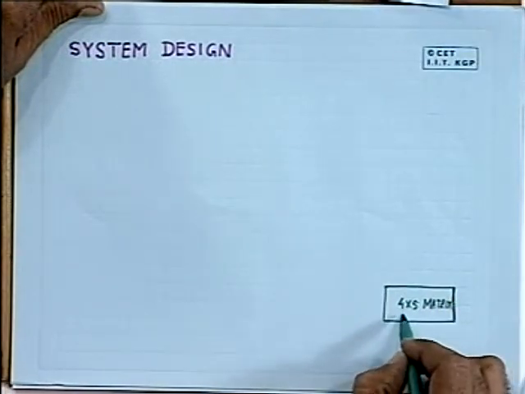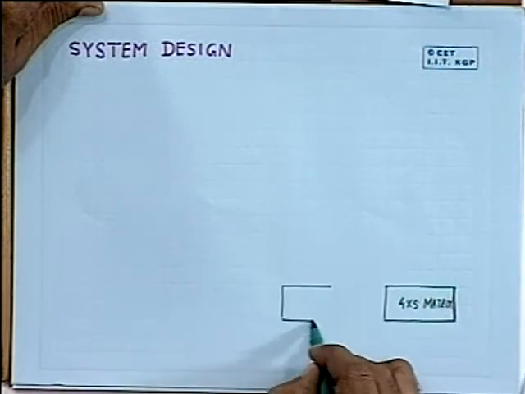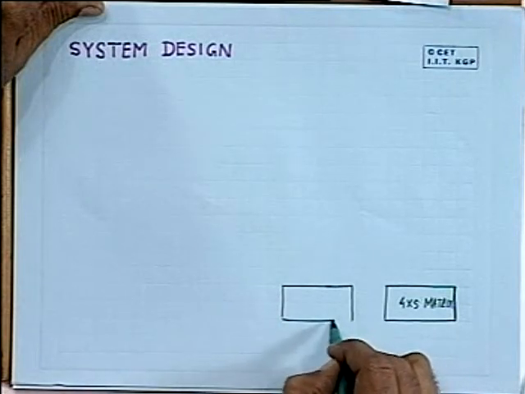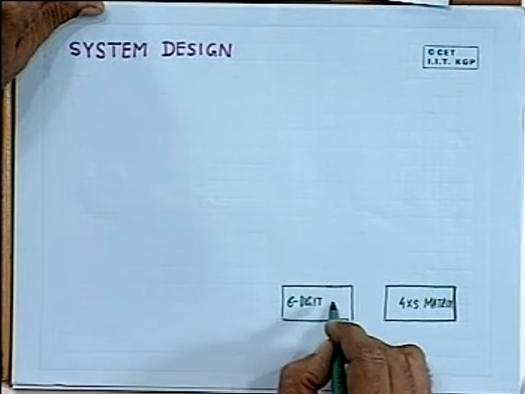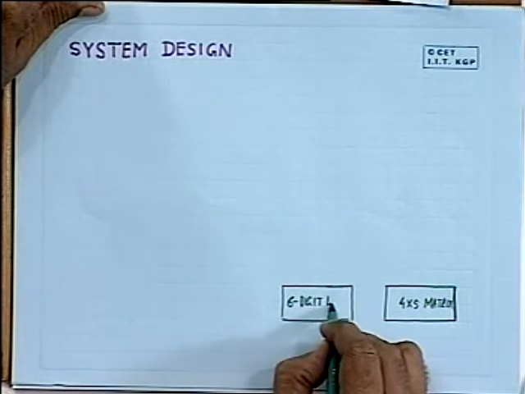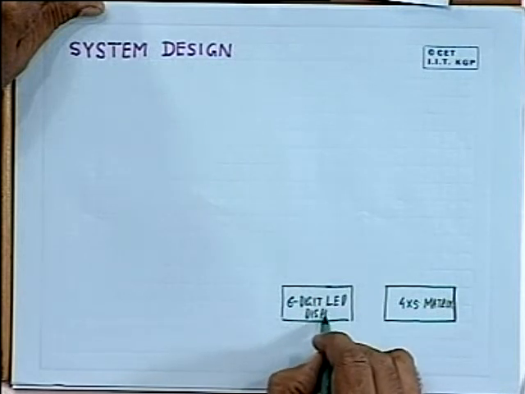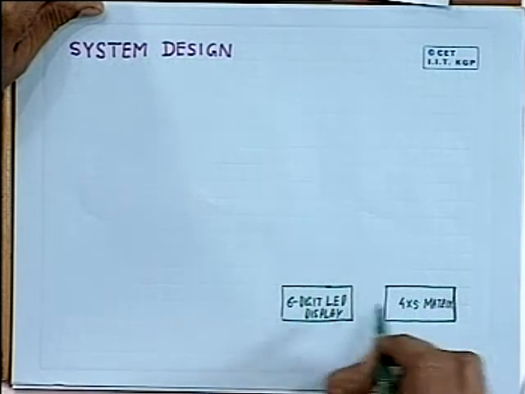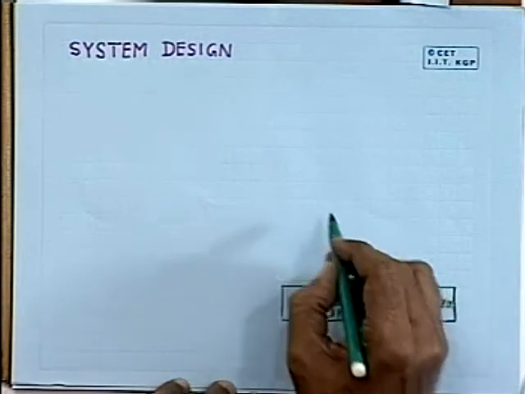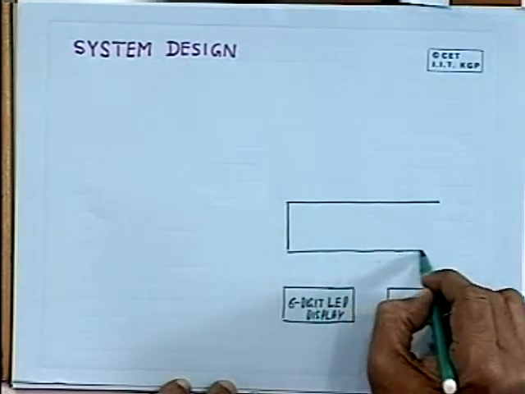That means it has got 5 rows and 4 columns, and we have to use 6-digit 7-segment LED displays for display purpose. These two, as I have told, are to be interfaced through 8279.